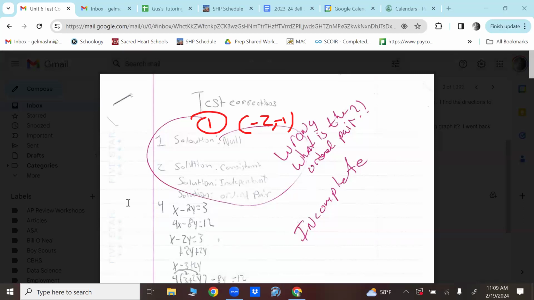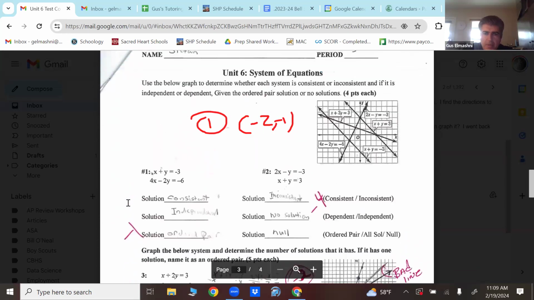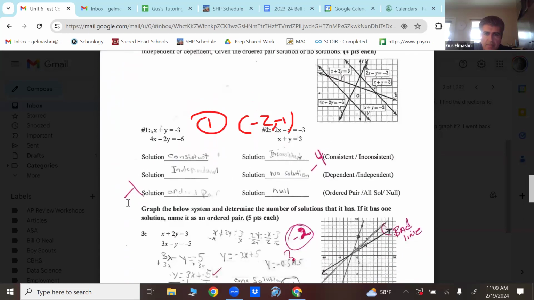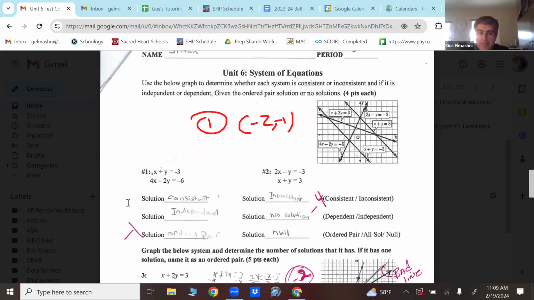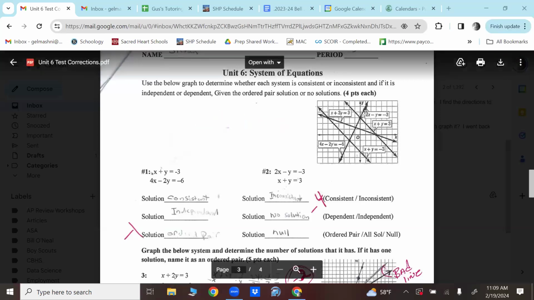Anyway, now let's look at number 2, because on number 2 you missed 4 points, which is a lot. So 2x minus y equals -x plus y equals 3. Those two lines touch right here.